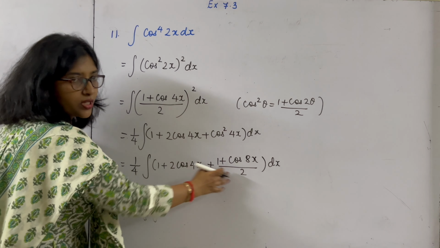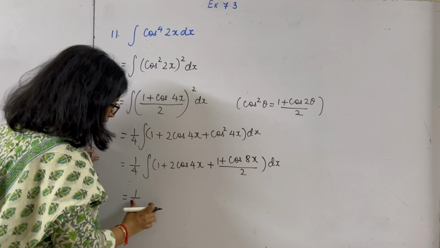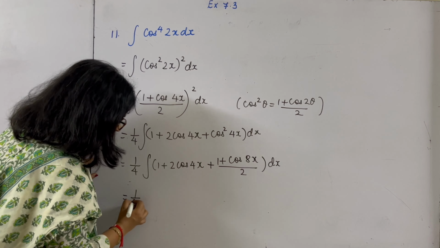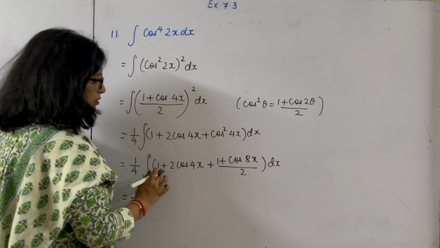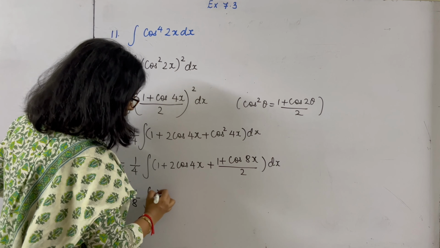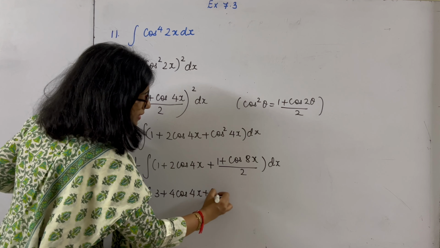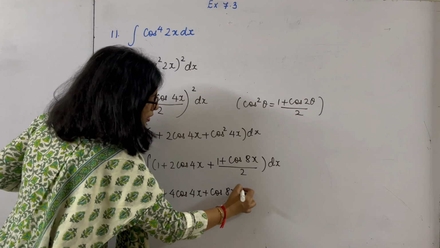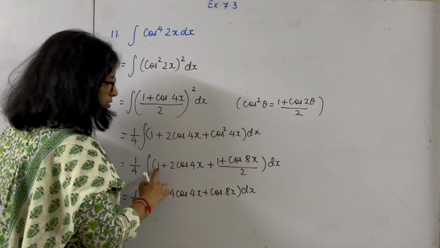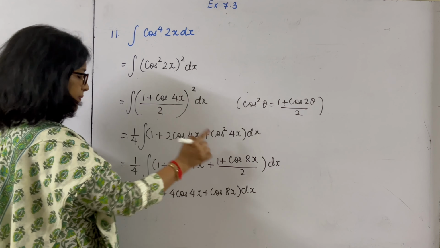So once again, when you take 2 as the LCM, it's going to be 8 over here. This is 3 plus 4 cos 4x plus cos 8x. I have taken the LCM and added this 2 and this 1.